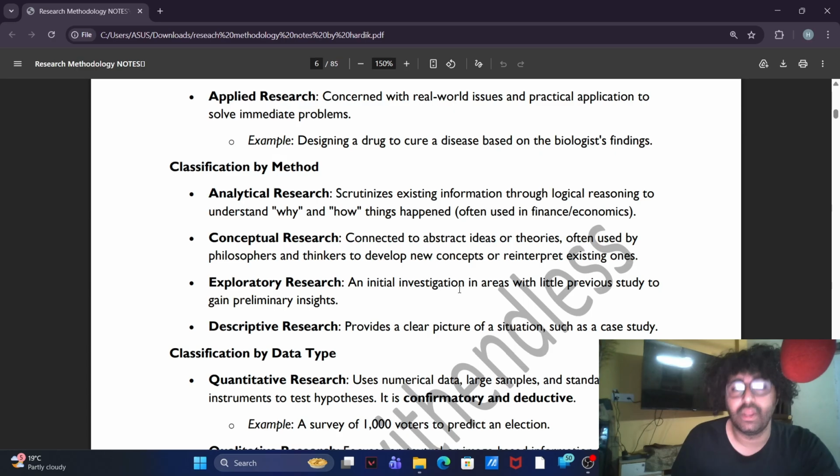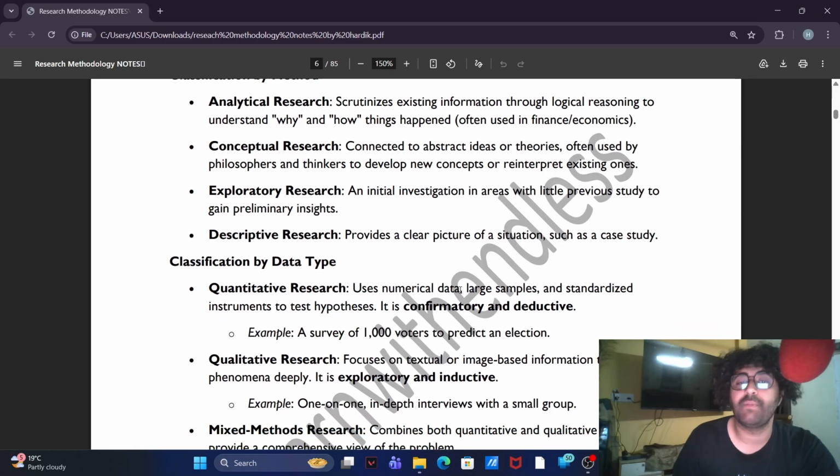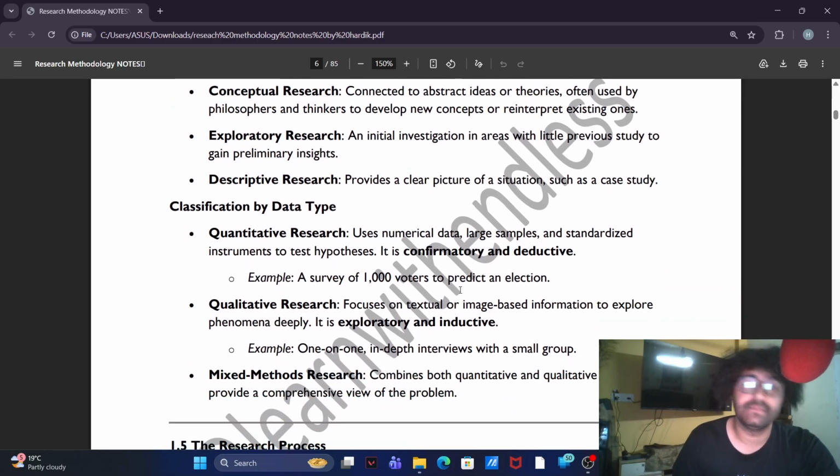Conceptual research: connected to abstract ideas or theories, often used by philosophers and thinkers to develop new concepts or reinterpret existing ones. Exploratory research: an initial investigation in areas with little previous study to gain preliminary insights. Descriptive research provides a clear picture of a situation, such as a case study.